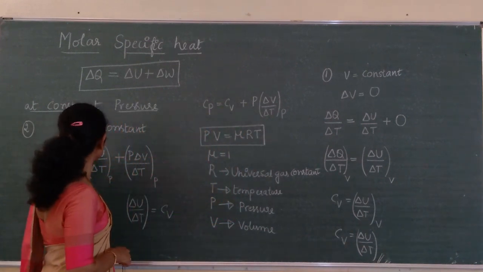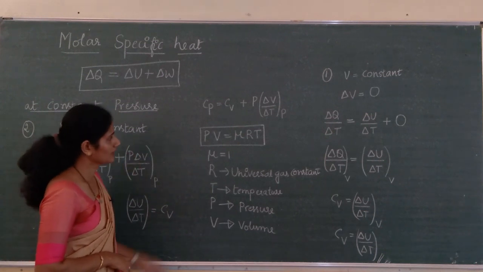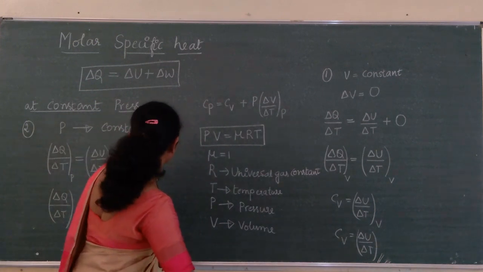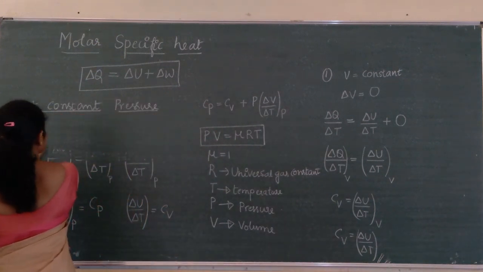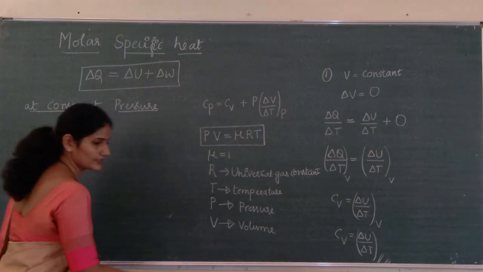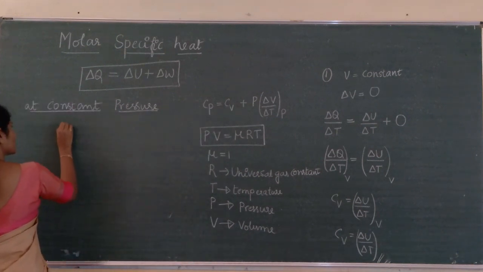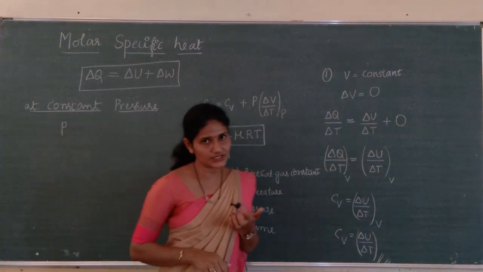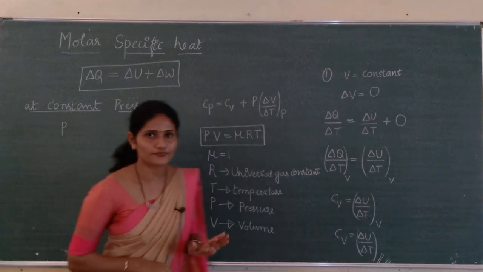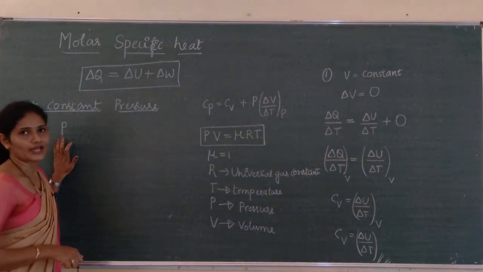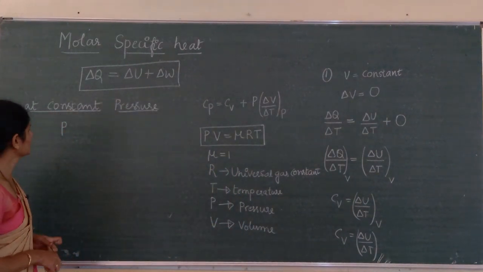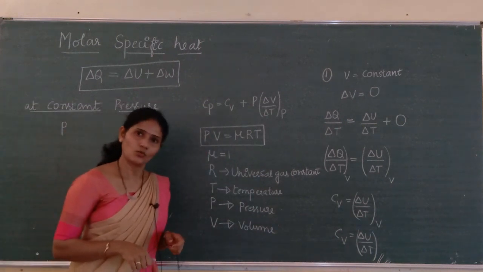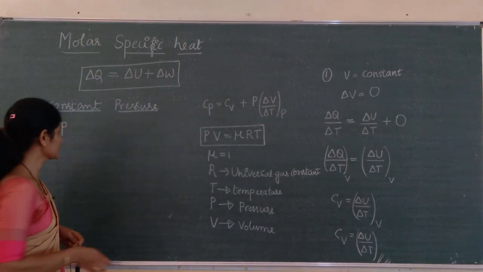For the second process, we have taken P constant. So, pressure P is constant, therefore, no need to write delta P. Delta indicates the change, pressure is constant, therefore, we have to write P into V. When pressure is constant, volume of the system changes.